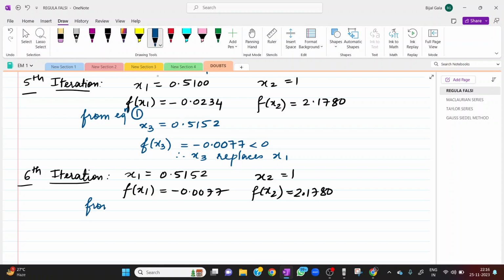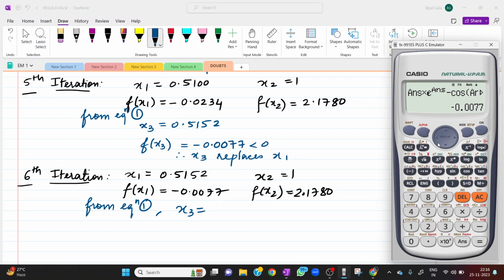Equation number 1. I would get x3 is equal to, let's use a calculator, history this time. Okay, I have 0077 replacing this. And here also 0077 replacing this. 5152 replacing these two things.